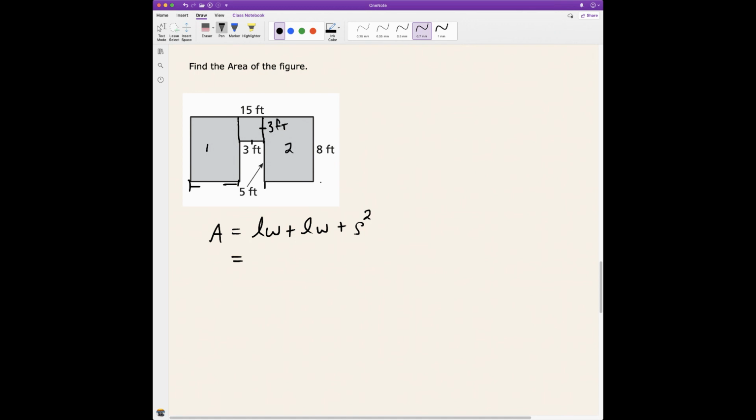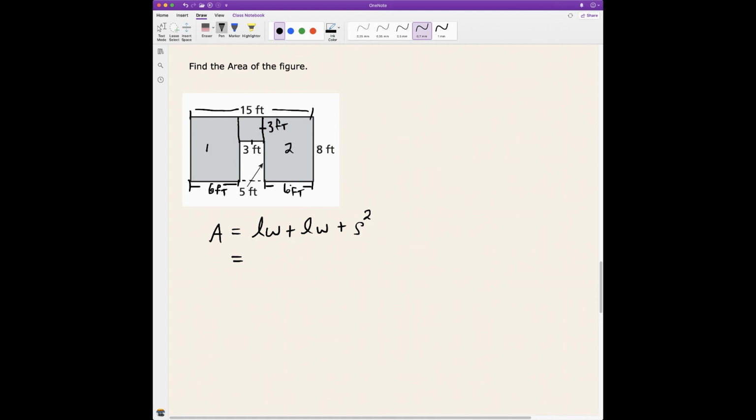We know that these 2 lengths are going to be the same. We know that this side is 15 feet. But there's a little piece missing here, and that is 3 feet. So between the two of these, each one should be, if I added them together, I should get 12 feet because 15 minus 3 is 12, which makes each side here 6 feet.